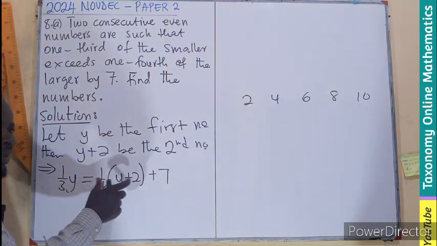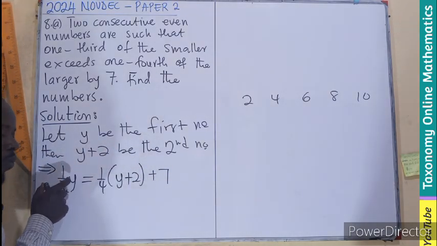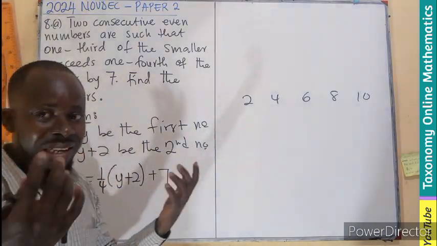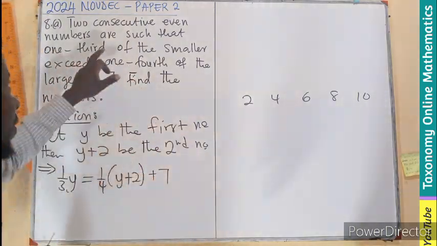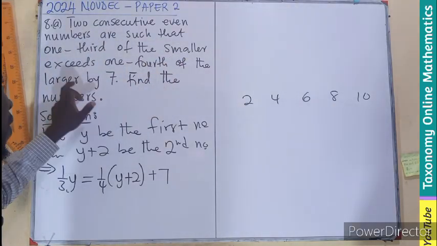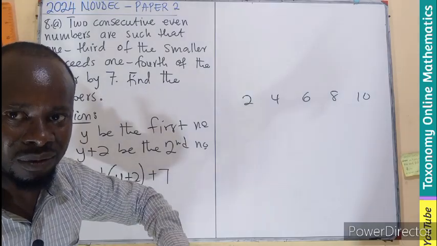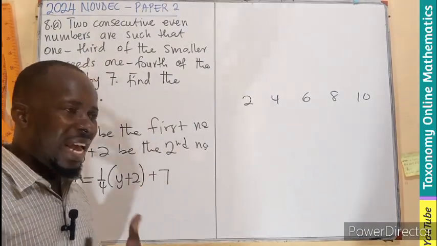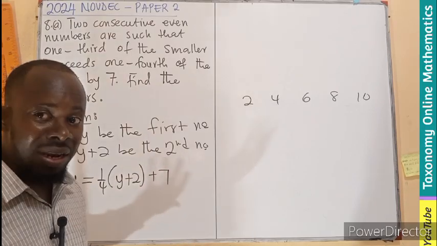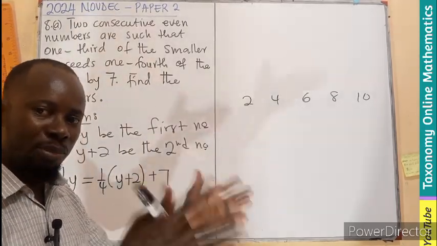Or the difference between the two is 7, so 1/3 of y minus 1/4 of (y plus 2) gives you 7. Those are just the scenarios that can explain that 1/3 of the smaller exceeds 1/4 of the larger by 7. Any scenario you follow explains the same concept and gets to the same point.